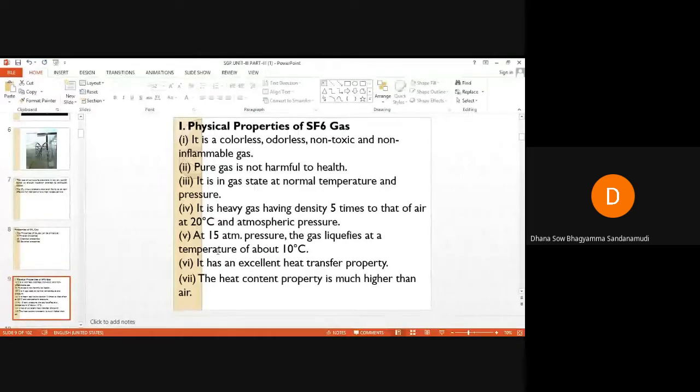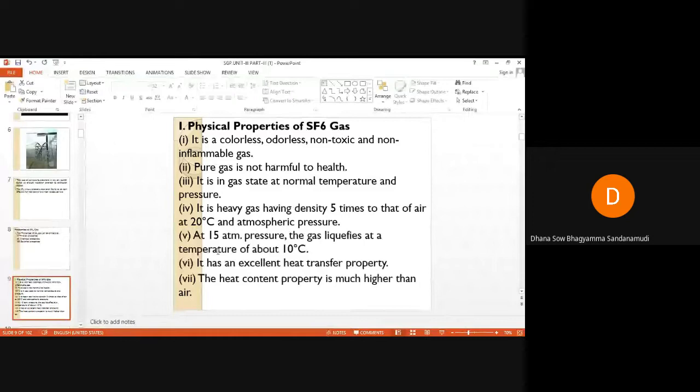It is a pure gas. Under pure condition, pure SF6 gas is not harmful to health, and it is in gas state at normal temperature and pressure. It is a heavy gas having a density of around 5 times that of air at 20 degrees Celsius and atmospheric pressure.